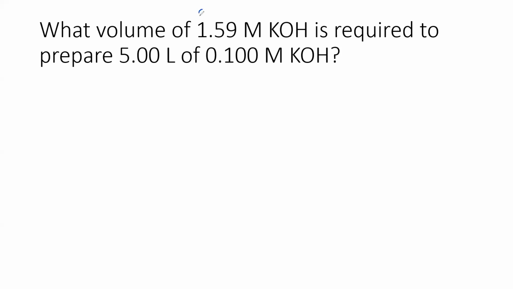So this will be C1, this will be V2, this will be C2. So the only piece we're missing then is V1. So we're going to rearrange that dilution equation to solve for V1. So we'll have C2 times V2 over C1.